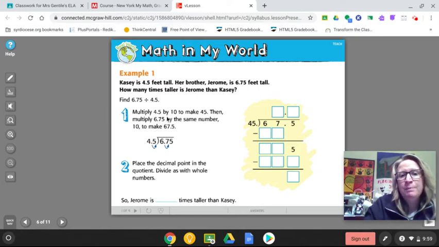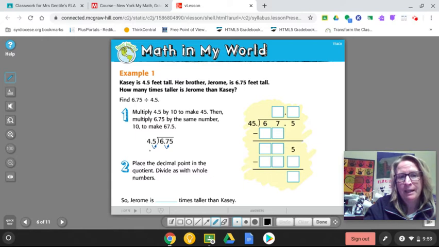So multiply 4 and 5/10 by 10 to make 45. So all they do right here, and boys and girls, I'm going to get my pen again. Because there's 1 zero in 10, I move that decimal to the right one place, and now it makes my divisor a whole number of 45.